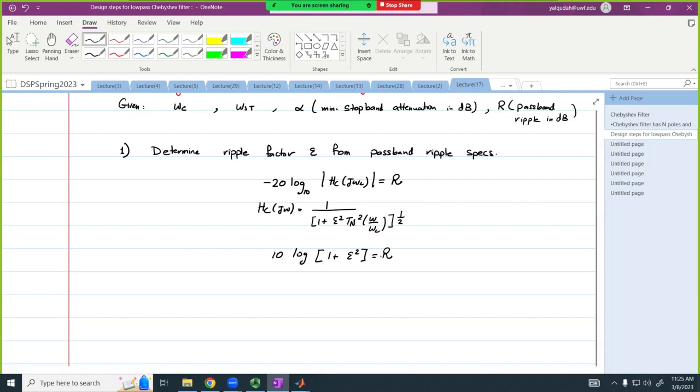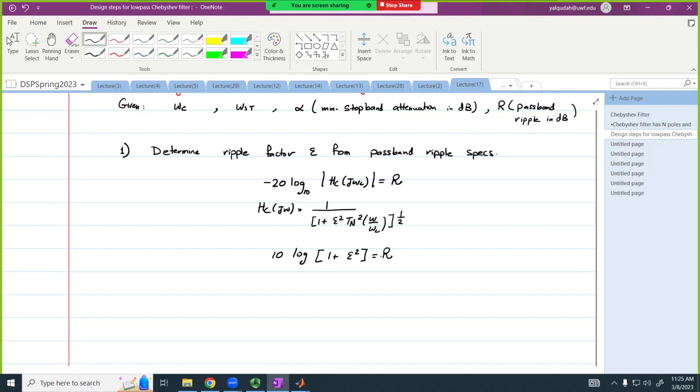Everybody, we went from this to this. We have a square root here, so it's going to make the 20 a 10. And this is in the denominator, so we make it the numerator. It's going to give me a negative sign, so it's going to become positive 10.